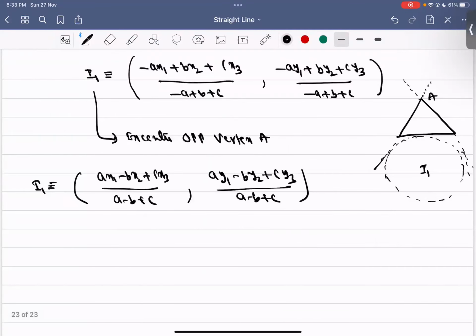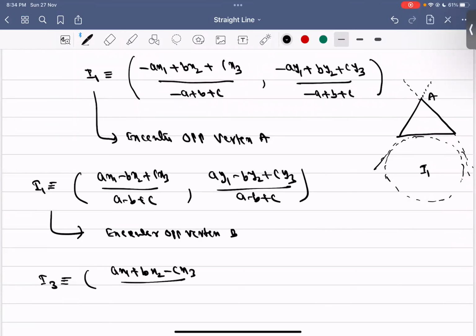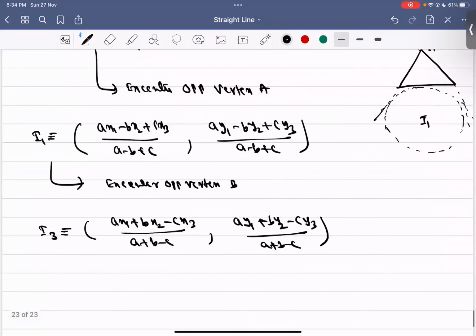So this is the excenter opposite to vertex B. Similarly, I3 is (a x1 plus b x2 minus c x3) by (a plus b minus c), (a y1 plus b y2 minus c y3) by (a plus b minus c). So this is the excenter opposite to vertex C. You can write it. Clear? These are the formulas.